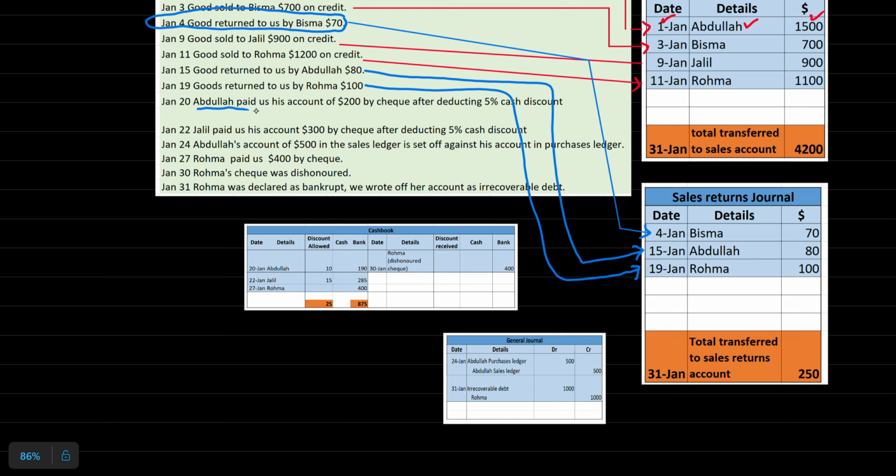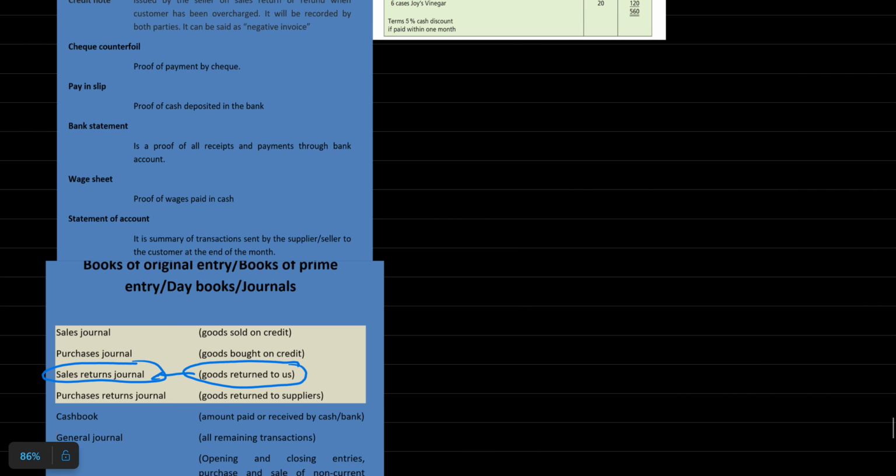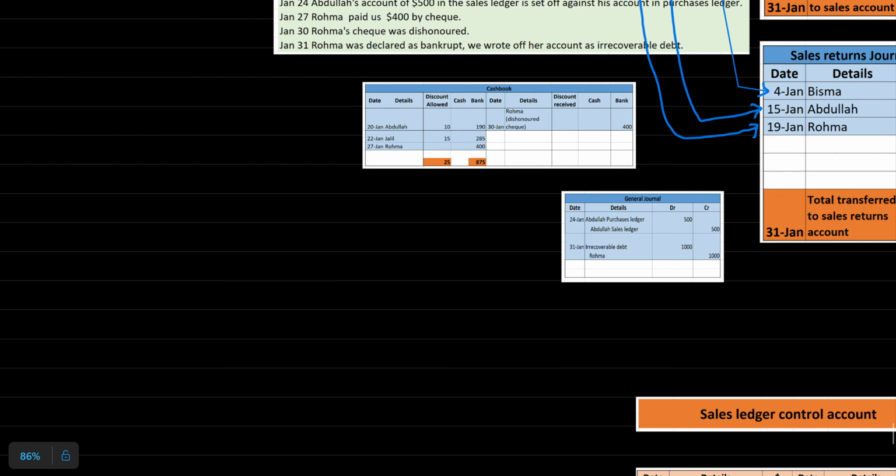On January 20, Abdullah paid us his account by check after deducting cash discount. Whenever any payment is made or any amount received, it is always recorded in the cash book. All amounts received and all amounts paid are recorded in the cash book.